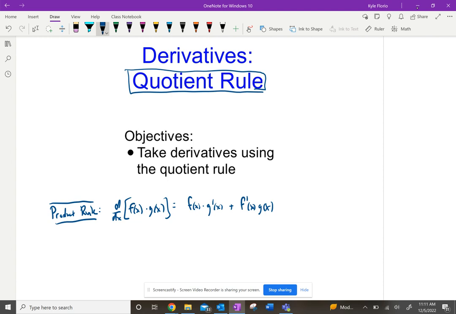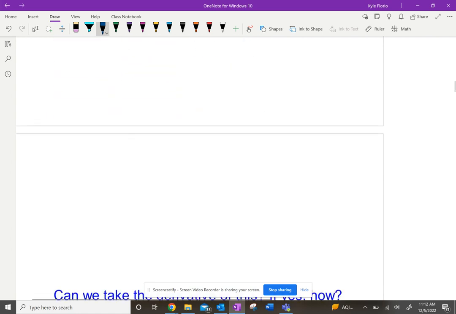The question for today is, what happens if I want you to take the derivative of a quotient of functions? What's this going to be? And I'll tell you in a little bit.